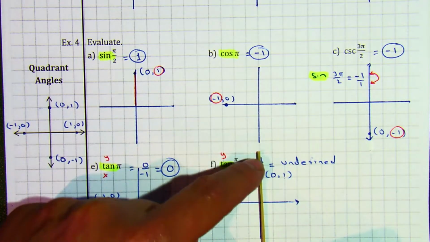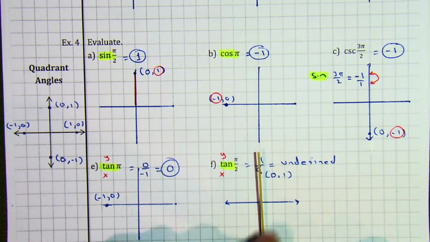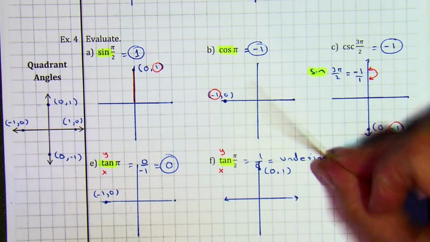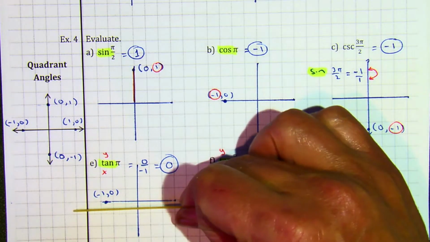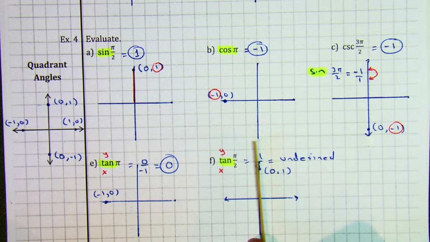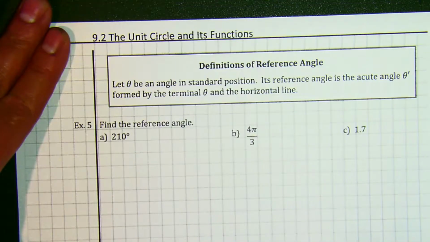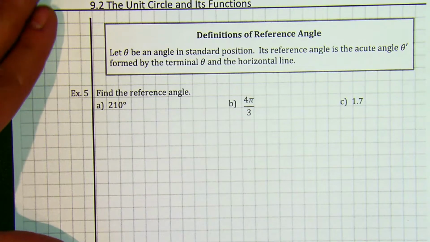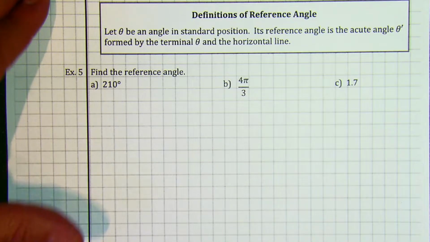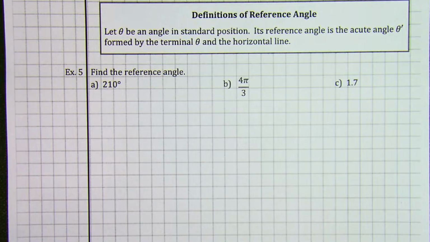For pi over 2 or 3 pi over 2, your tangent will be undefined. 0 slope, undefined. 0 slope, undefined. Undefined, 0 slope. Same thing from Algebra 1. Example number 5. Go ahead and place your card, copy it down, and we'll start once you are ready.